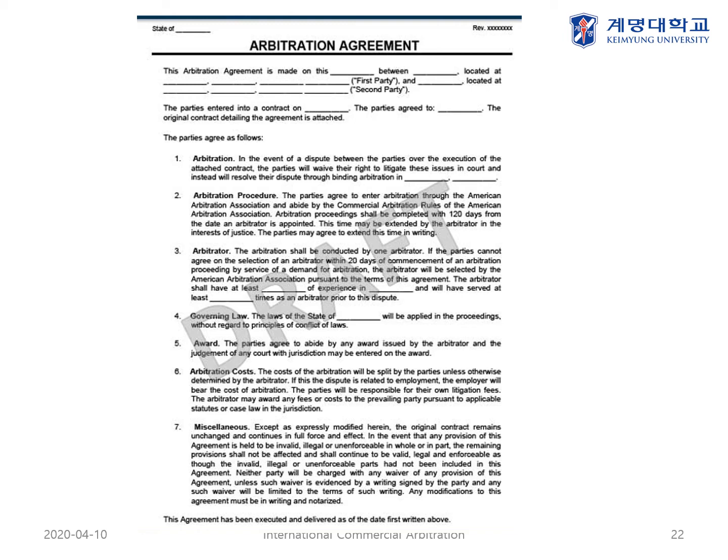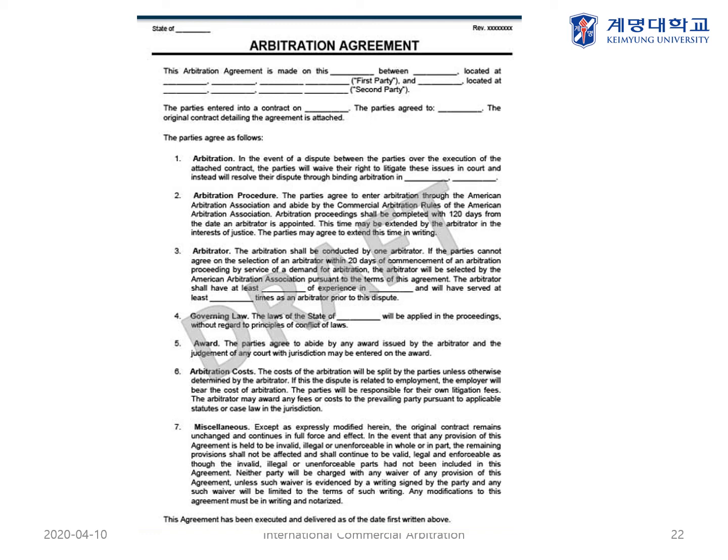The first is the arbitration. The second one is the procedure. Third is the arbitrator, who will be the arbitrator. And then the governing law, or whose law will be applied in the proceeding. And then the award, where it is specifically stated that the parties agree to abide by any award issued by the arbitrator. That's why there is no need to appeal.